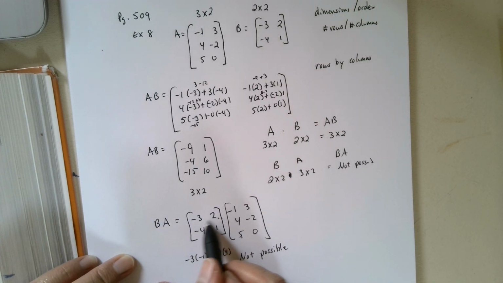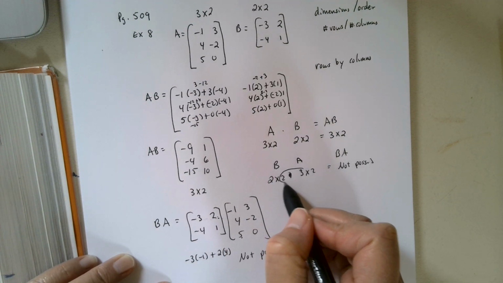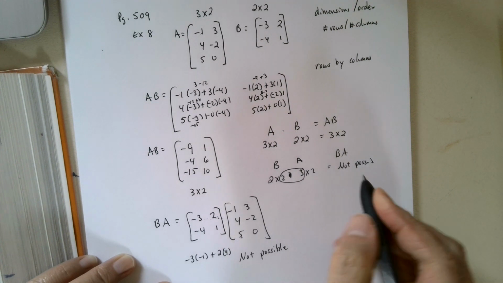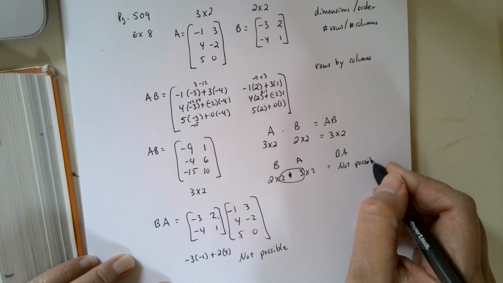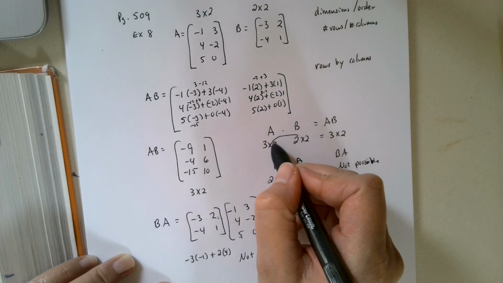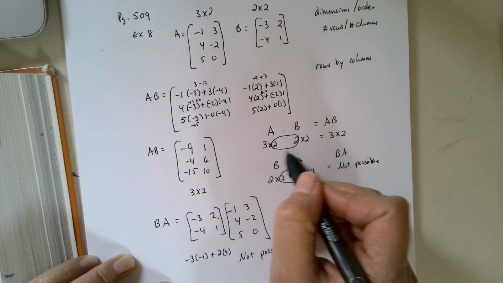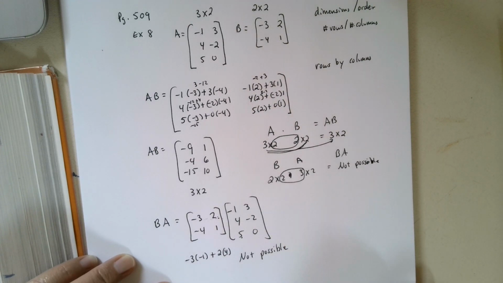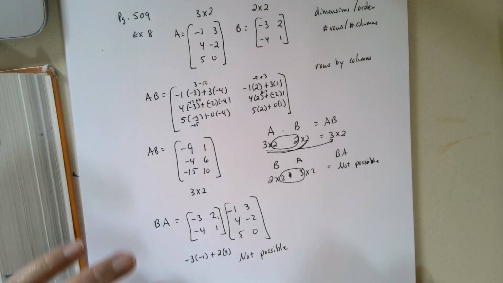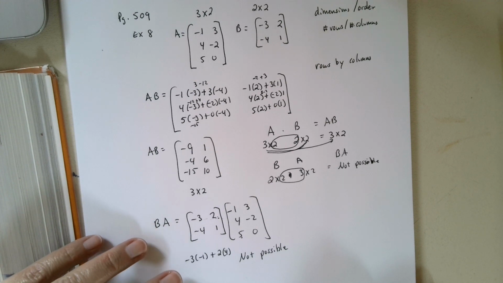So we didn't have enough numbers in our row to match what was in our column. So these numbers did not match, and it was not possible. When these numbers matched, we were able to multiply it together, and the outer numbers were the size of our answer. And that will happen every time.